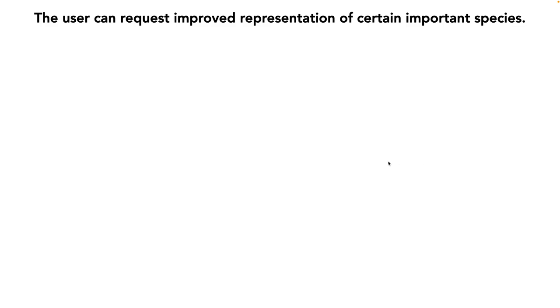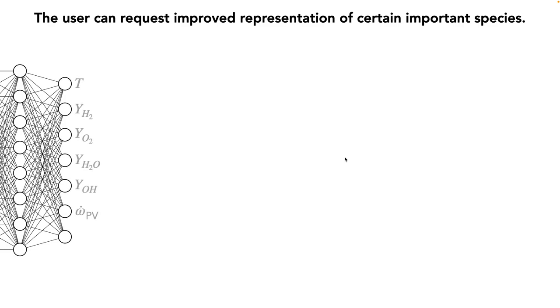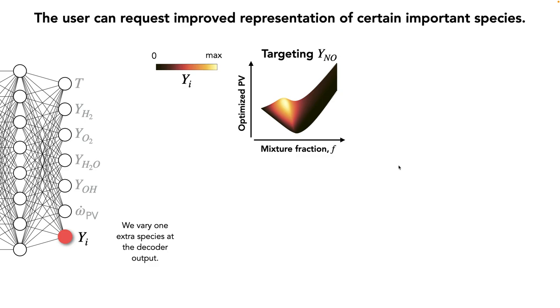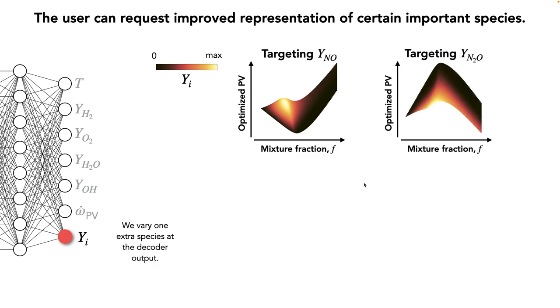I mentioned that the power of our approach lies in adapting the reduced model. In this work, we show some examples of this. So for instance, we test how the parameterization topology changes if we add one extra decoder output that is a particular species that we'd like to pay attention to. If that species is NO, this is the topology that we get. If it's N2O, we get this.